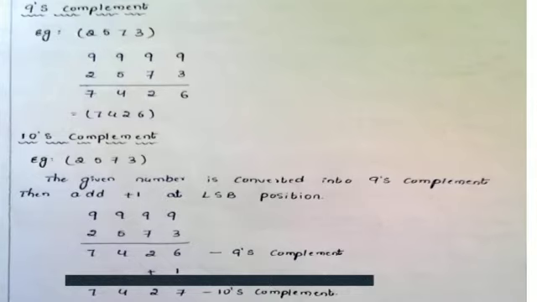That's why I'm taking the 4-digit value 9999 and subtracting the number from it. 9999 minus 2573. 9 minus 3 results in 6, 9 minus 7 results in 2, 9 minus 5 results in 4, 9 minus 2 results in 7. So the nines complement of 2573 is 7426.